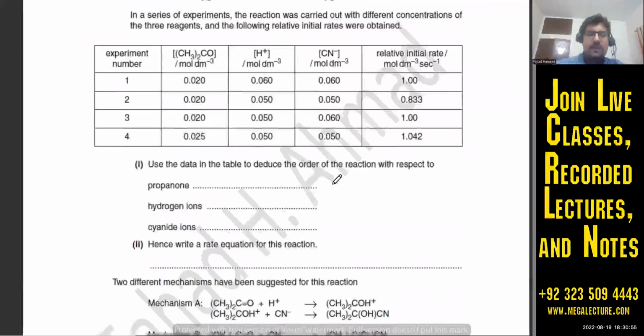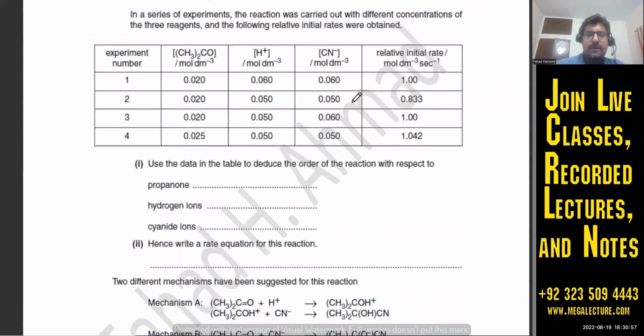So here's another one. I need to figure out the order with respect to each one of them. If I want to find the order with respect to this, I need to keep the other ones constant.